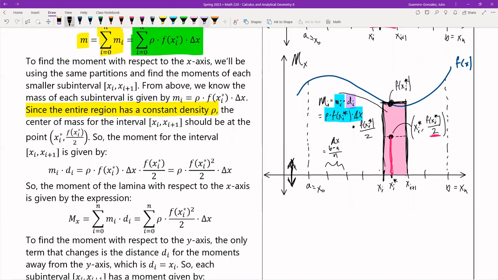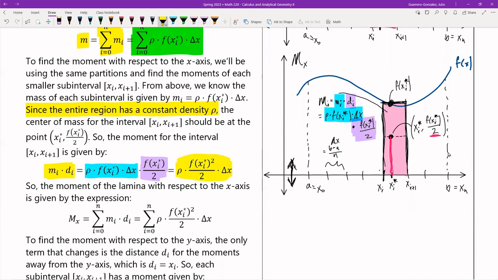That gives us our tail end. So the moment for this particular strip with respect to the x-axis is given by this. We can see that this is our mass times our distance away, and if you clean it up a little bit, you get this expression right here.